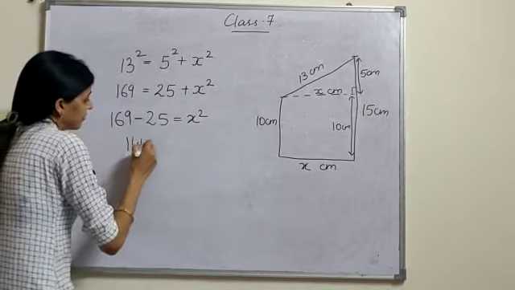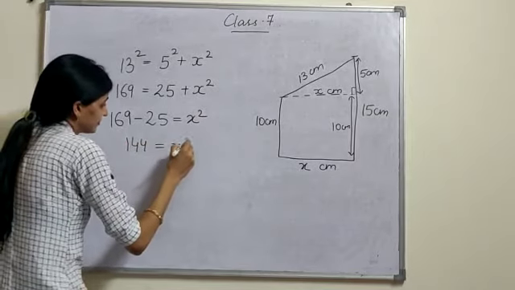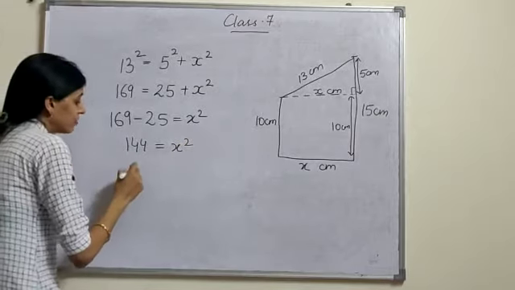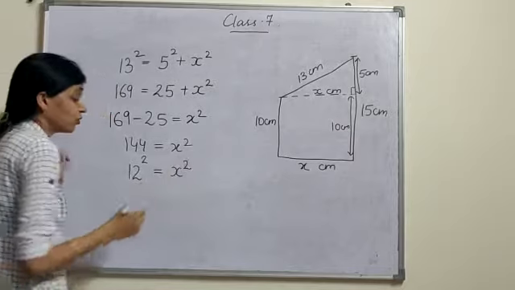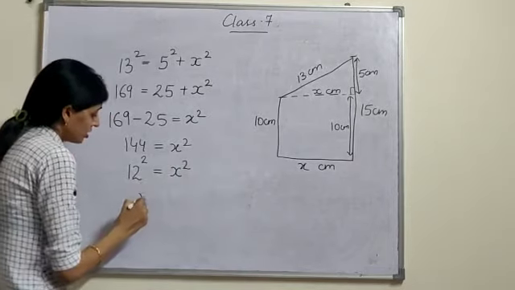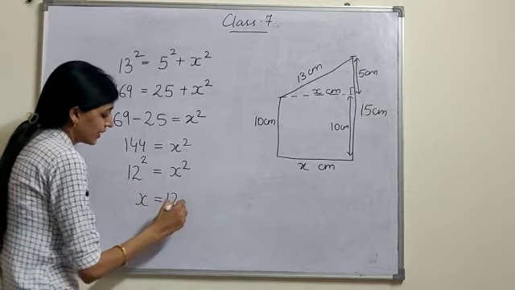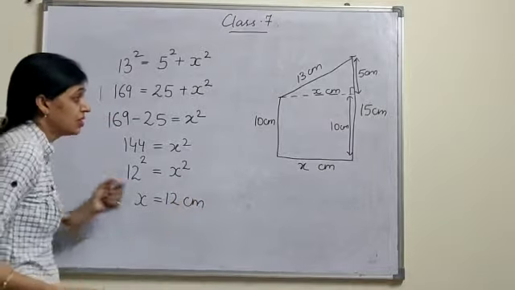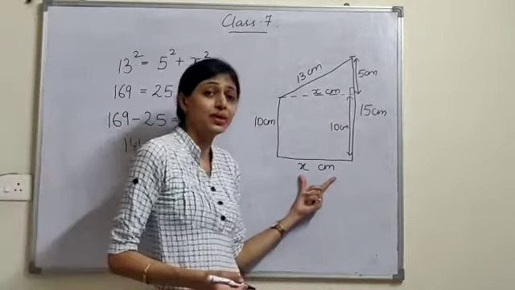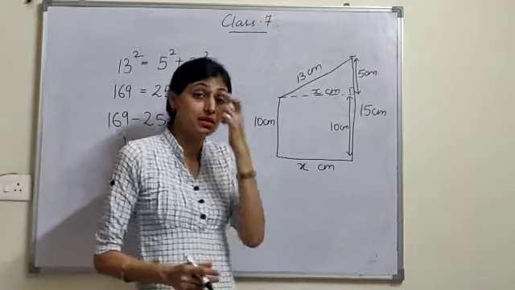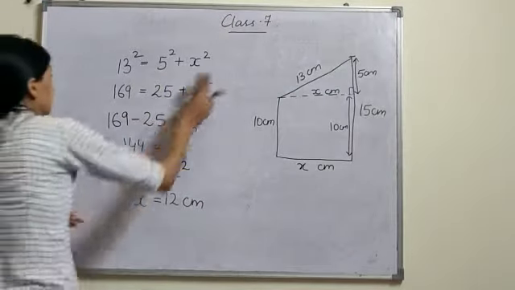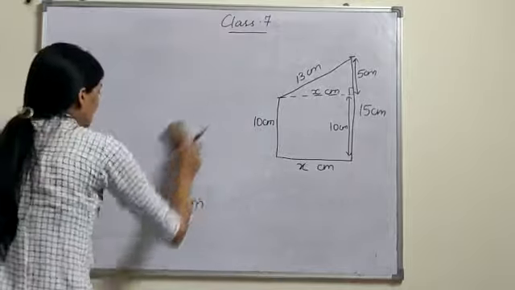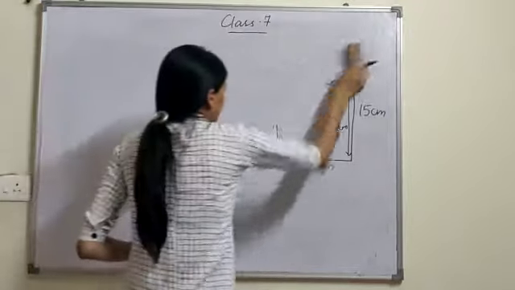It becomes 144. 144 is the square of 12. 12 into 12 is 144. So x equals 12 centimeter. So this distance comes out to be 12 centimeter. Right? One more question, the last question of this session.